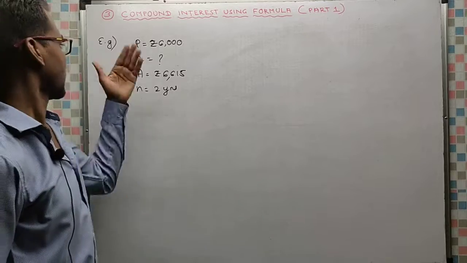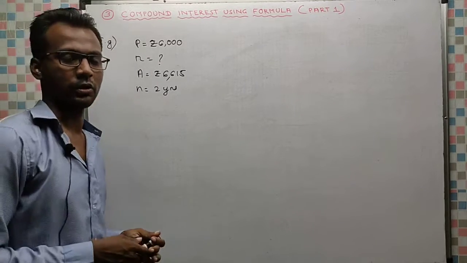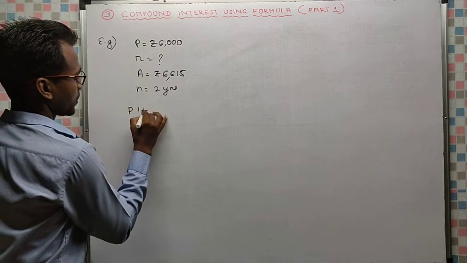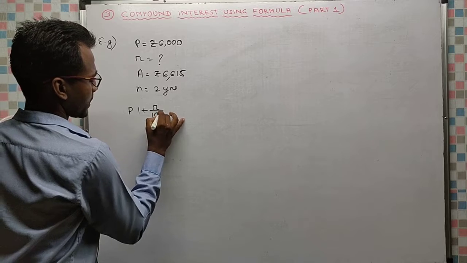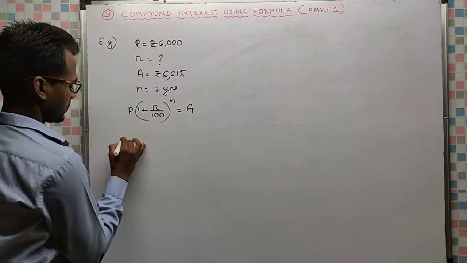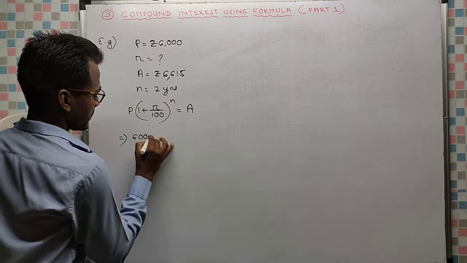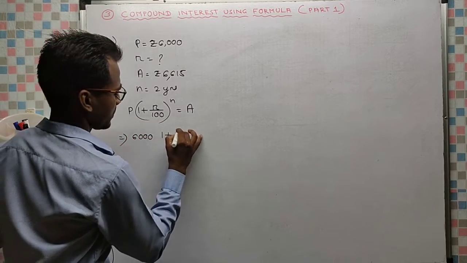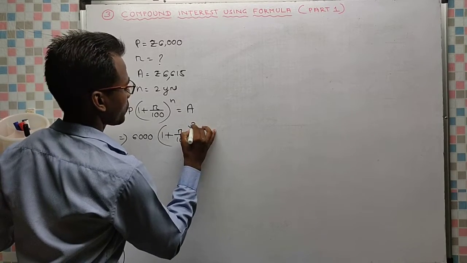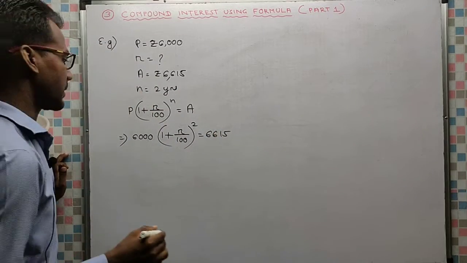Everything is given, simply rate you have been asked. We can use the formula and get the rate of interest. P into (1 plus R by 100) power n is amount. So 6000, 1 plus R we don't know, power n is 2, amount is 6615 given.